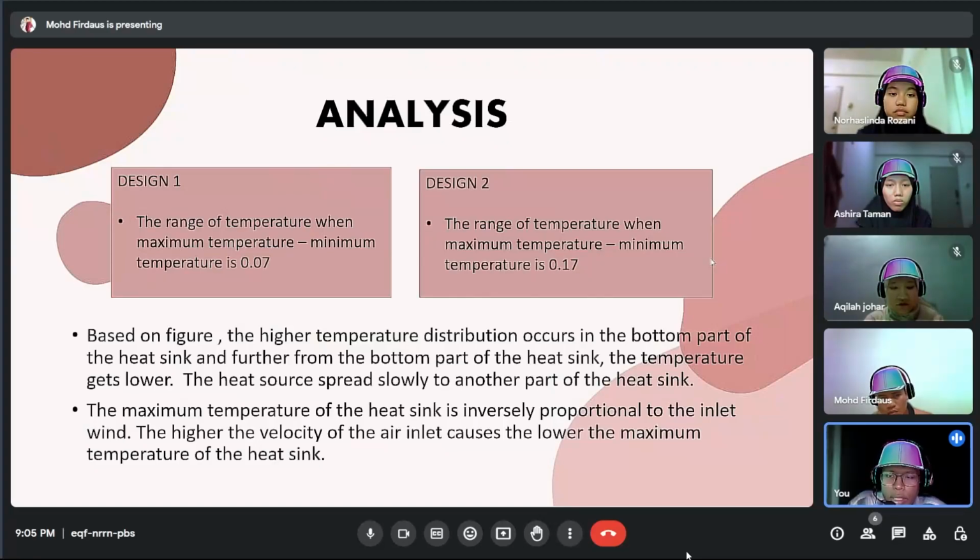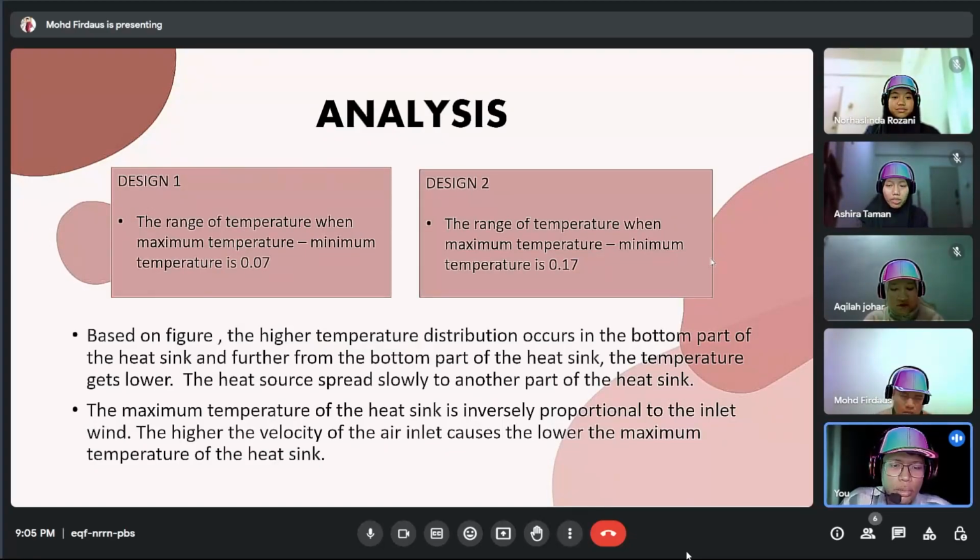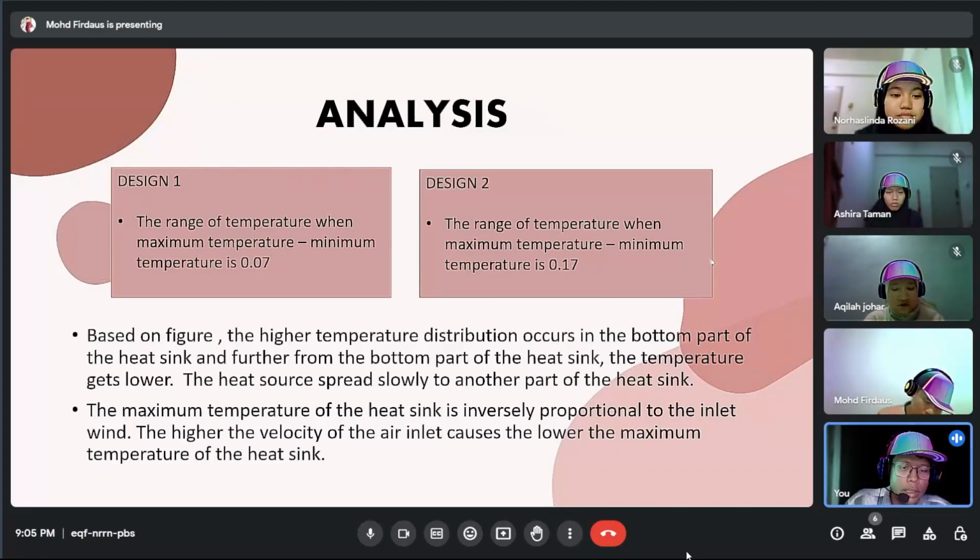Based on the figure, the higher temperature distribution occurs in the bottom part of the heat sink, and further from the bottom part, the temperature gets lower. The heat source spreads slowly to other parts of the heat sink. The maximum temperature of the heat sink is inversely proportional to the inlet wind. The higher the velocity of the air inlet, the lower the maximum temperature of the heat sink.